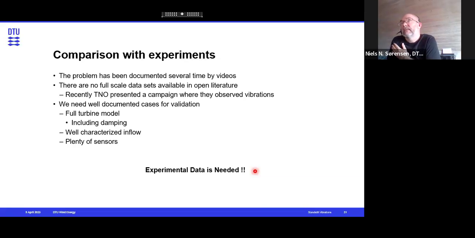So it's definitely something that we are in need of as a research community: cases for validation, so a full turbine model, including the damping, well-characterized inflow, and for example tip deflection, root moments, and other things. So experimental data is definitely needed for these standstill vibrations.